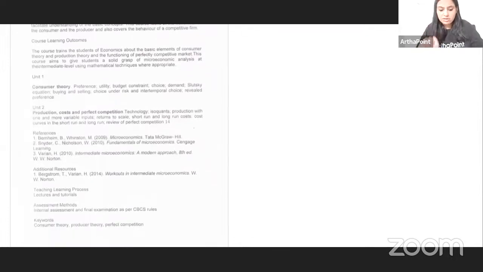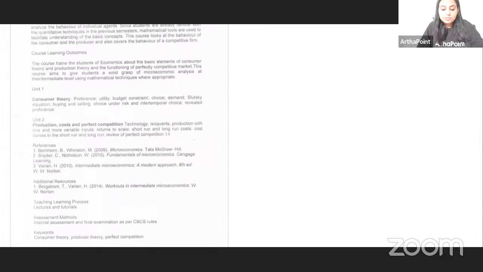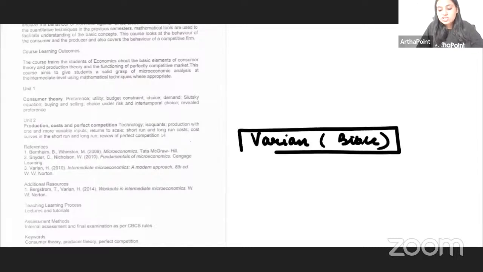Both ways, it is very, very important. In microeconomics, your book Varian, this is your Bible. You have to just do this book A to Z for third semester.